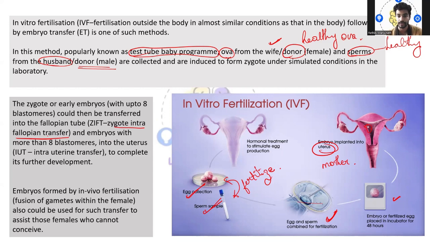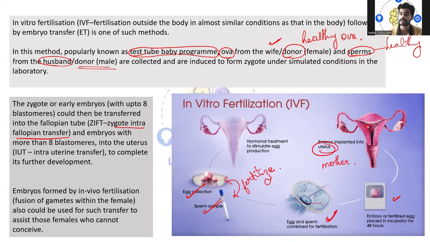If the mother's reproductive system organs are perfect, but she is unable to produce an egg, then either the zygote or the early embryo at the 8 blastomere stage will be transferred directly into the fallopian tube.